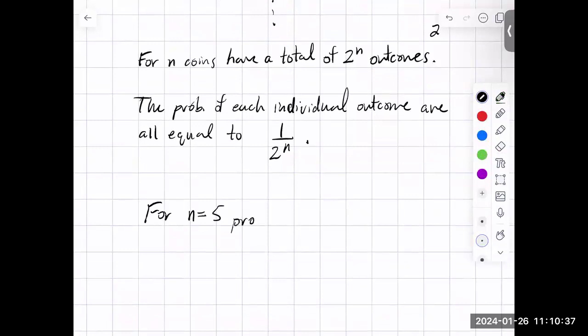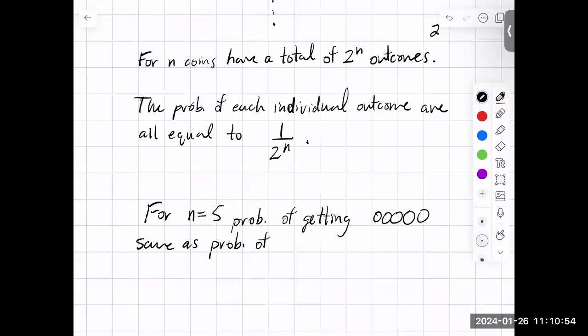The probability of getting, let's say, all zeros, maybe those are tails or something, is the same as the probability of getting exactly 0, 1, 1, 0, 0 in this order.